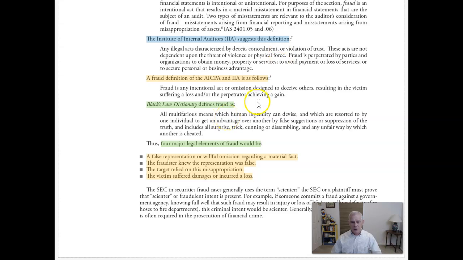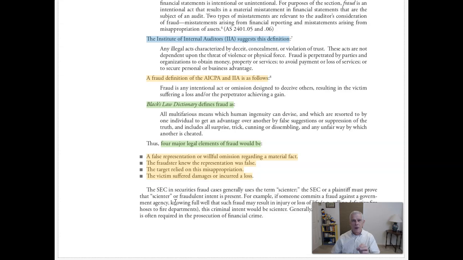But combining all these, what we come up with, and this is very important, are the four major legal elements of fraud. First, a false representation or willful omission regarding a material fact. Second, the fraudster knew the representation was false. So there's the willful knowledge it was false.